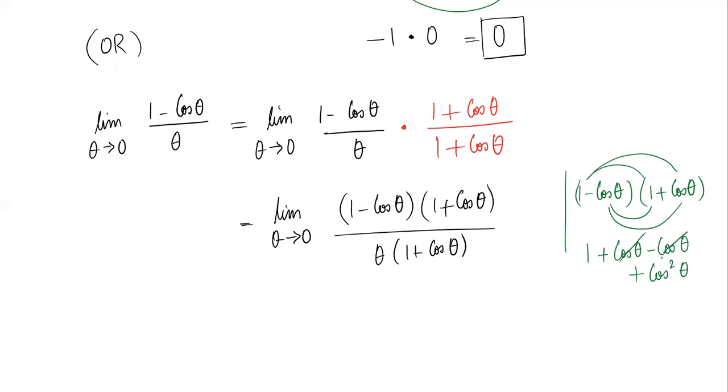So you get, apologize, this is a minus, 1 minus cosine squared theta. 1 minus cosine squared theta is sine squared theta, isn't it? We know that because that's coming from the Pythagorean trig identity. So you need to kind of recall that.